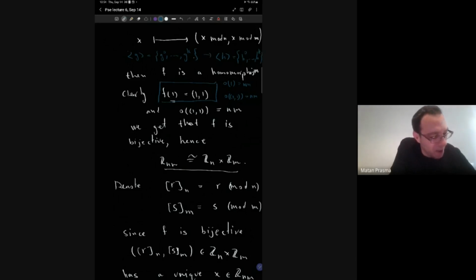If you define a map by saying G goes to H, and this map is a group homomorphism, then it must be bijective, because it will map G squared into H squared and so on.